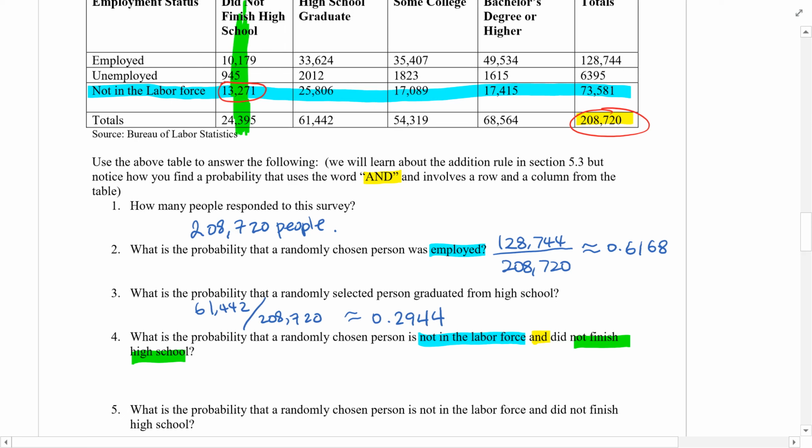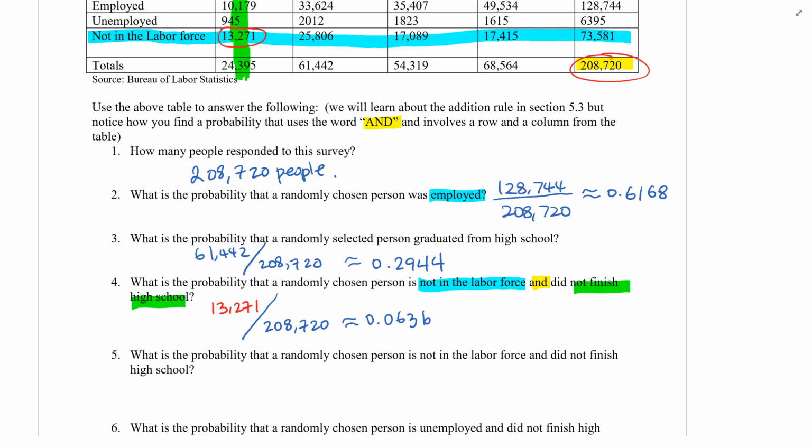So that's the frequency, how many times it happened, right? So looking for probability, it is the frequency it happens over the total. So that would be 13,271 over the grand total. And let's do it. Okay, and then we got 0.0636. Again, if I want to answer the question in a complete sentence, I would say the probability that a randomly chosen person is not in the labor force and did not finish high school is 0.0636.